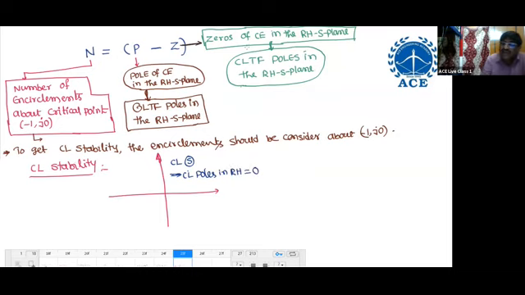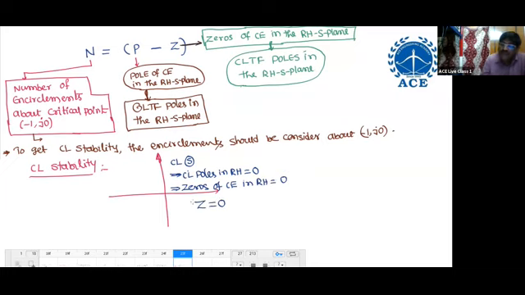Closed loop poles are nothing but zeros of the characteristic equation. In the right half, how many? 0. That means Z equal to 0.